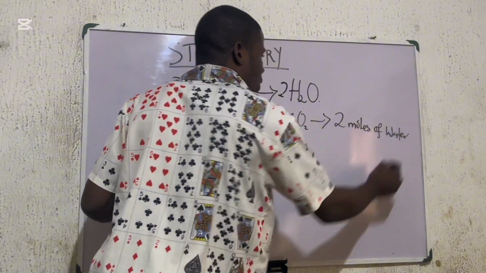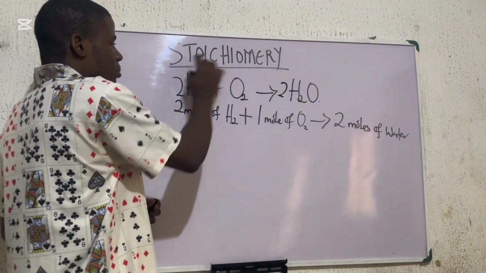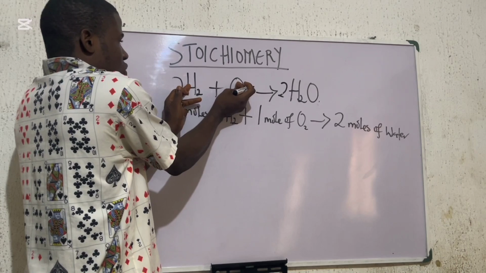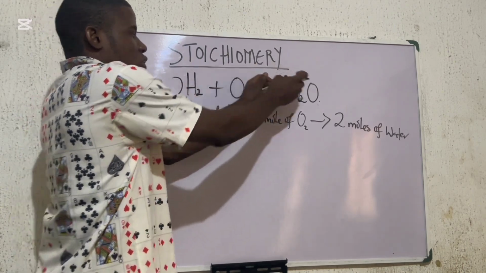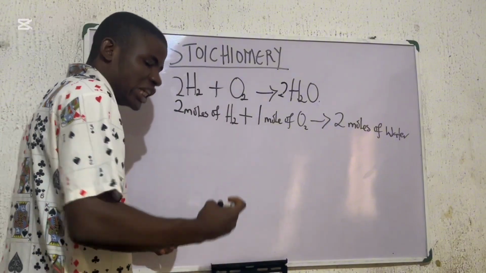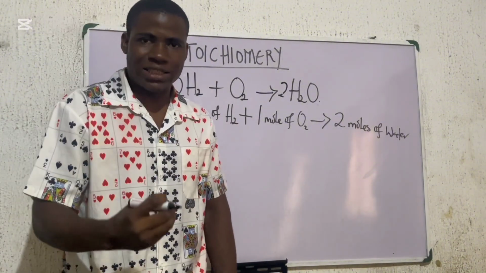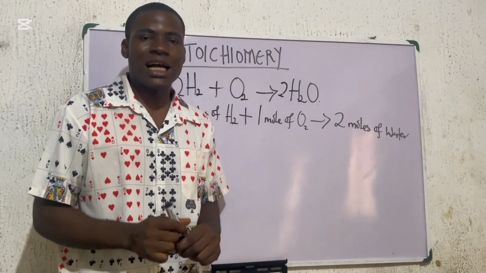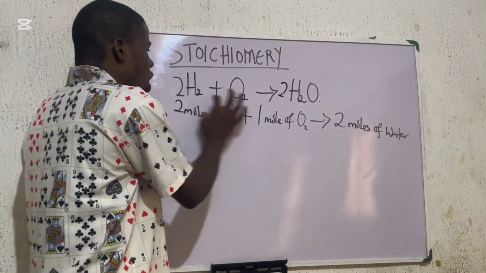Now, normally, the stoichiometry that we can see here is that for these reactants to combine to form this product, water, two moles of hydrogen is meant to react with one mole of oxygen. That's why I say that stoichiometry is the mole ratio.